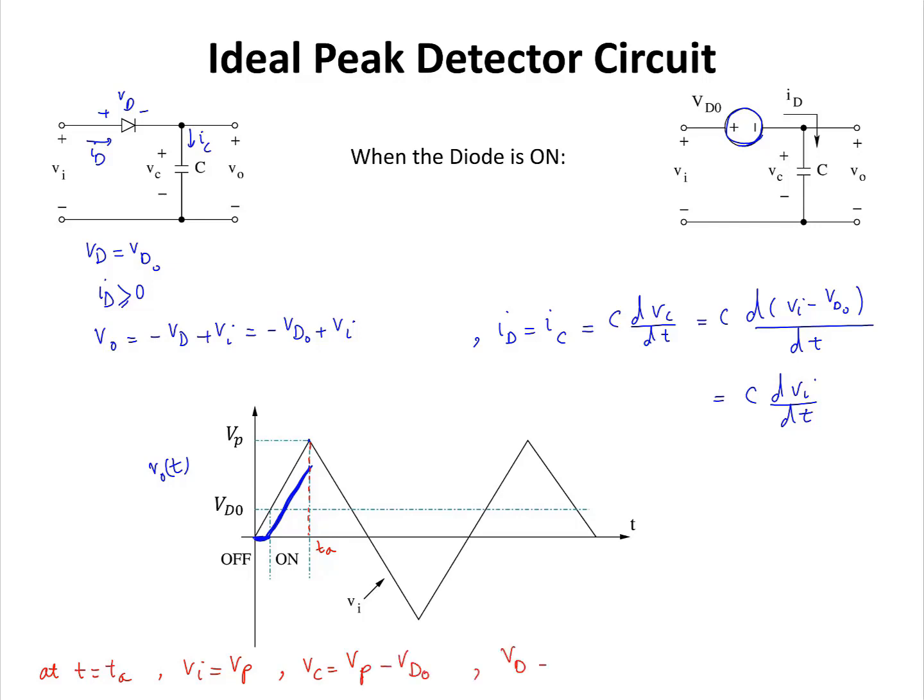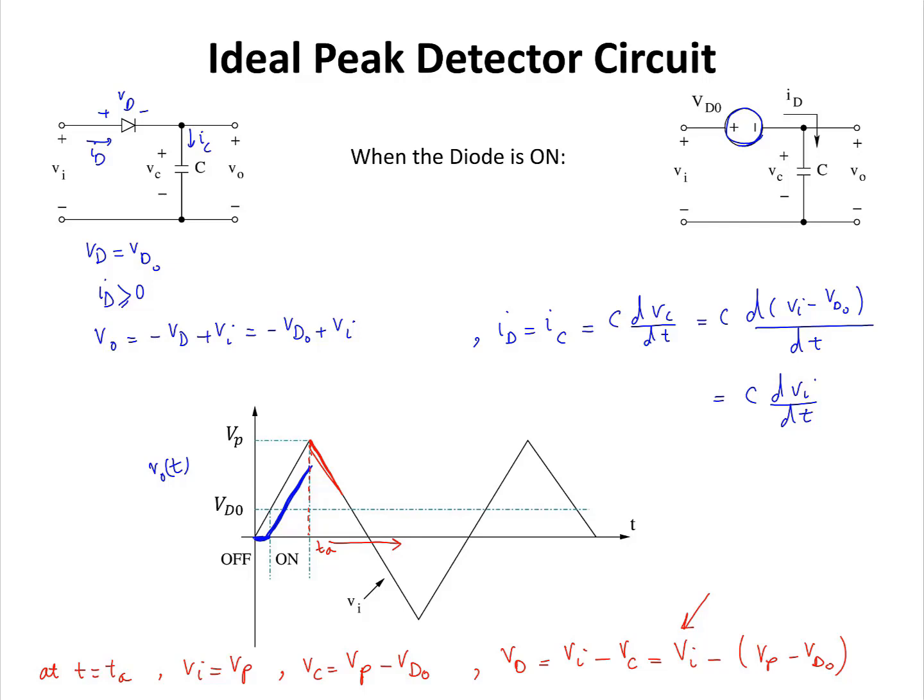From there, because Vd is equal to Vi minus Vc, the capacitor voltage, I'm going to write it as Vi minus (V peak minus Vd sub 0). So after t equal to Ta, for other time points, the amplitude of Vi goes below V peak value. As a result, Vd is going to be less than Vd naught. As a result, the diode does not conduct anymore because Vd is less than Vd naught.